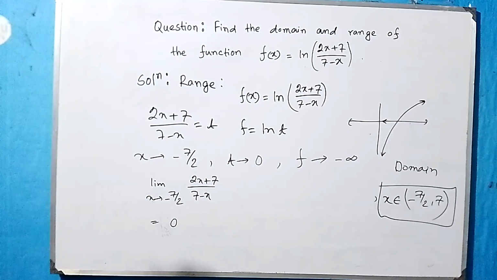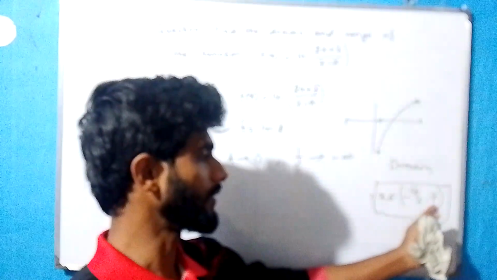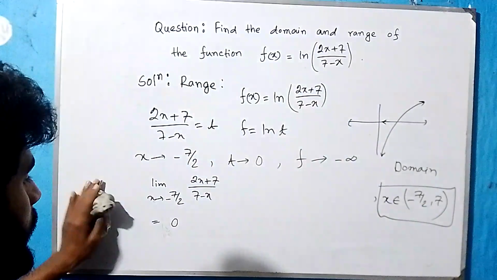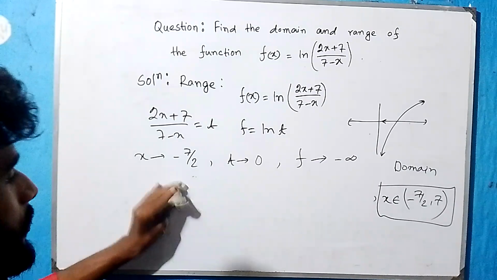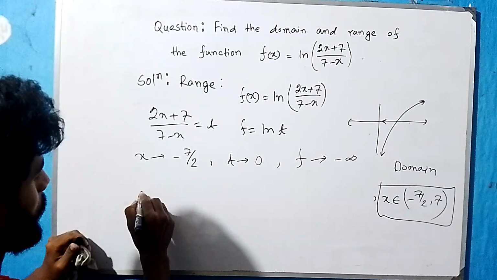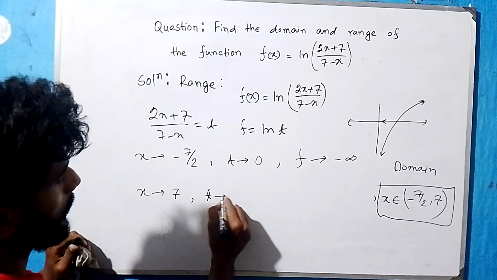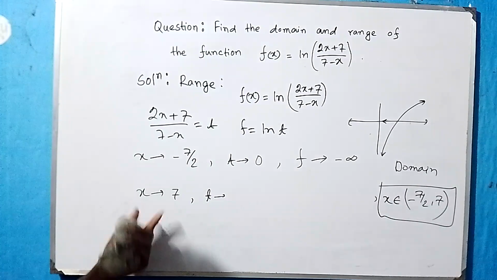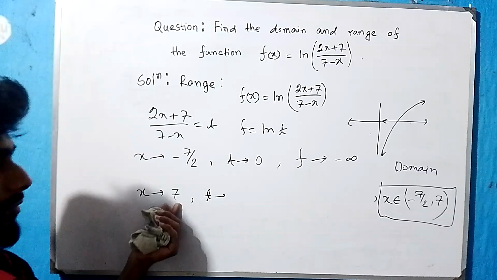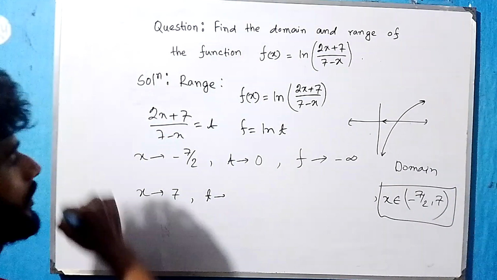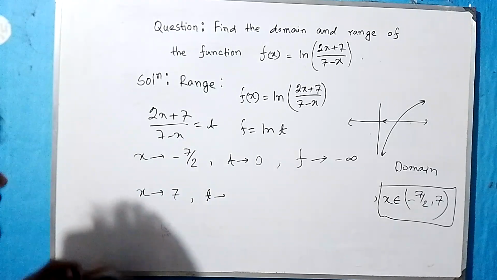And similarly, if I take this 7, that is, if x moves to 7, okay. So when x moves to 7, then t moves to what? We will find this from this equation.